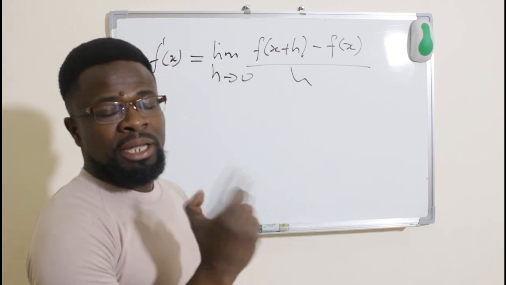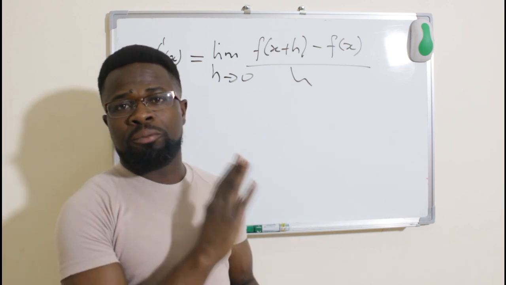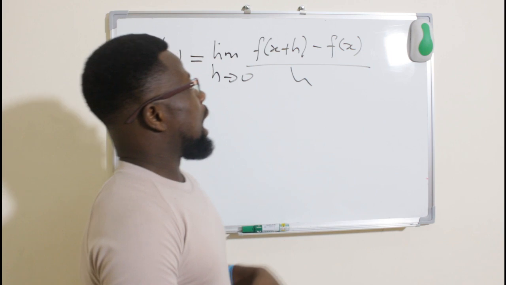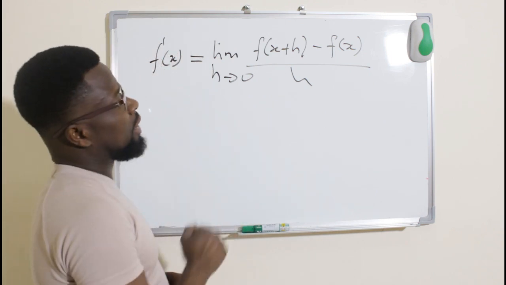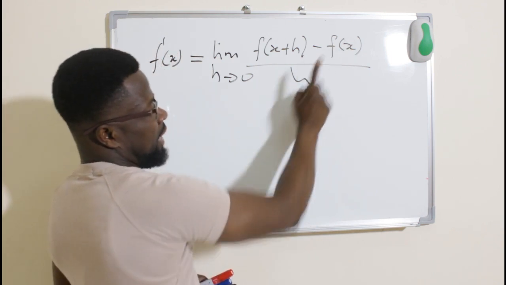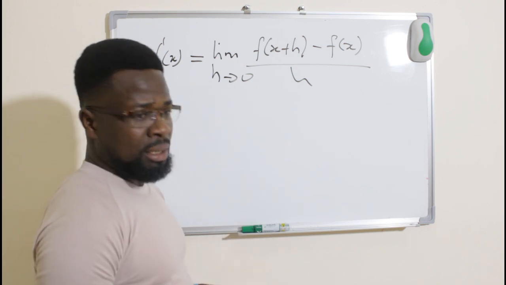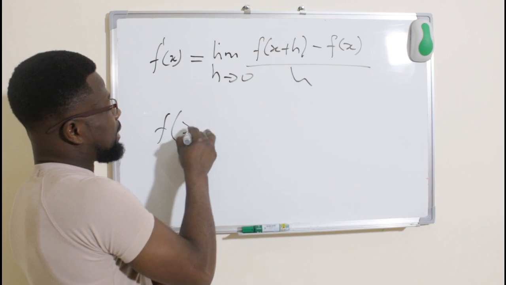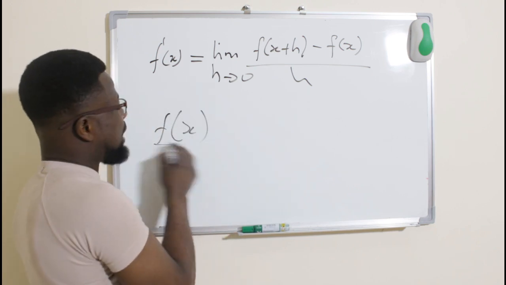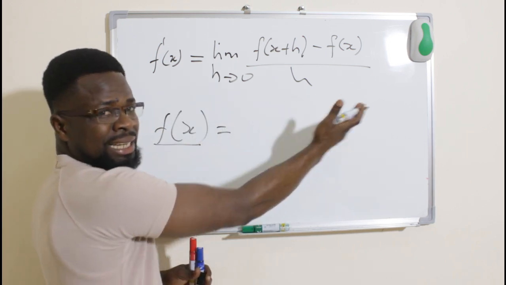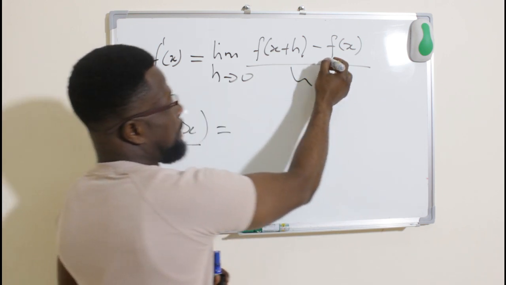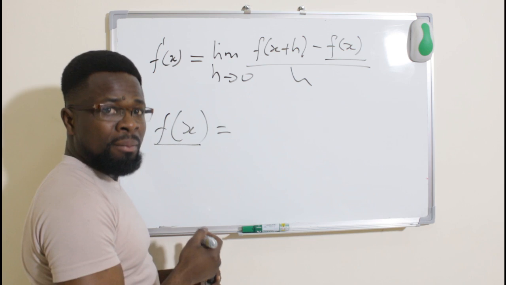Let me try to explain this formula so that when you're solving a problem, you know exactly how to apply it. According to this principle, we can see f of x. Each time, the question you are given will be in the form of f of x equal to a certain expression, and that becomes the part which is already in the formula.